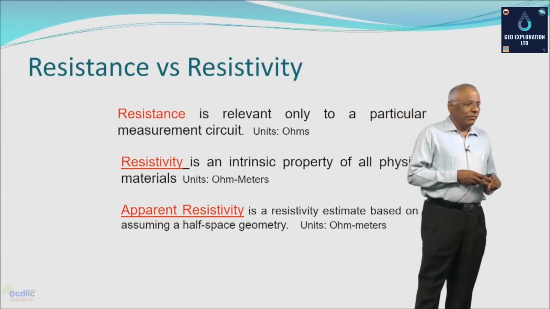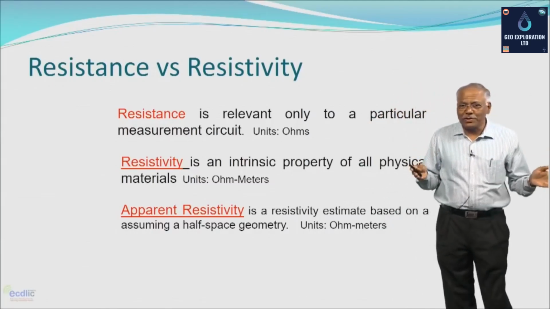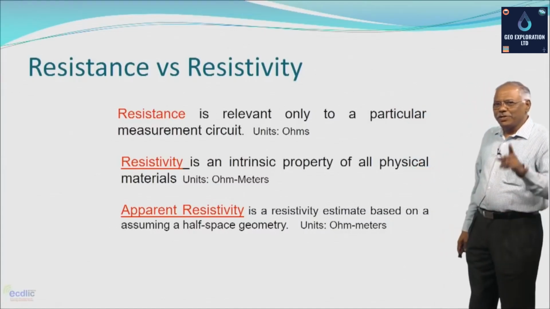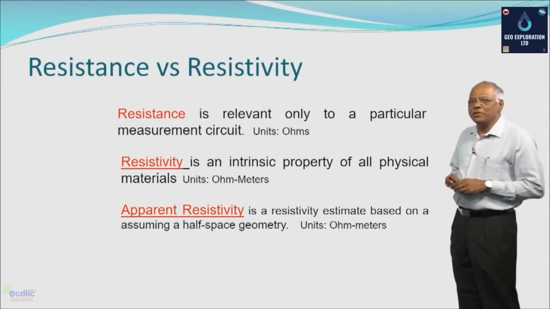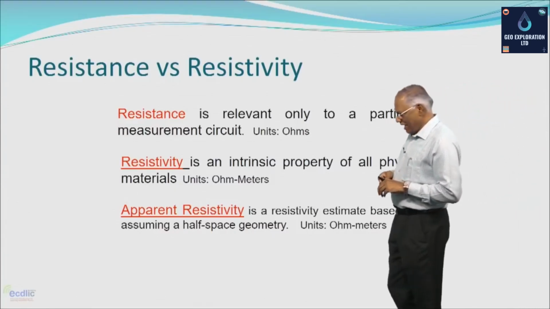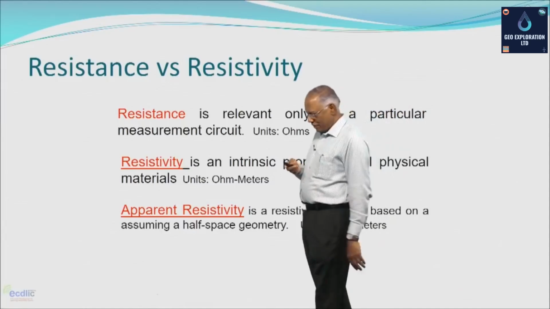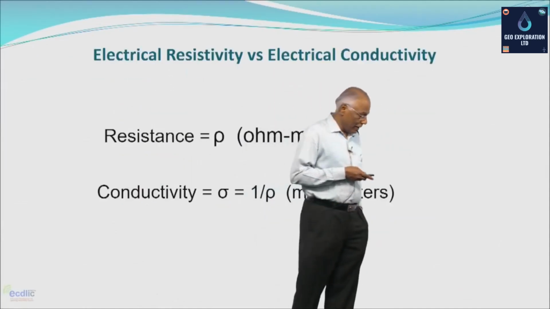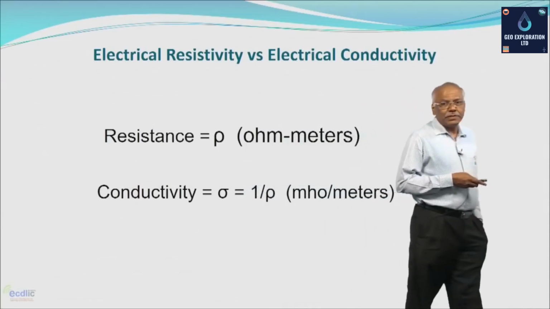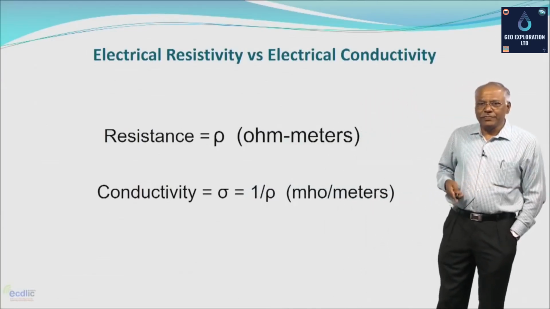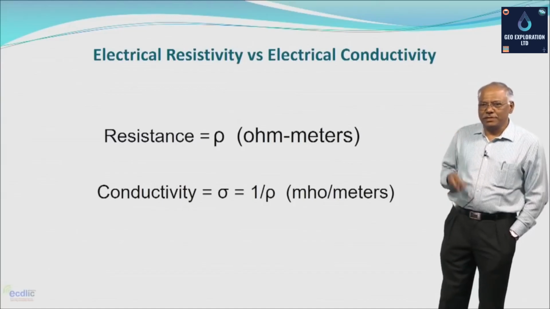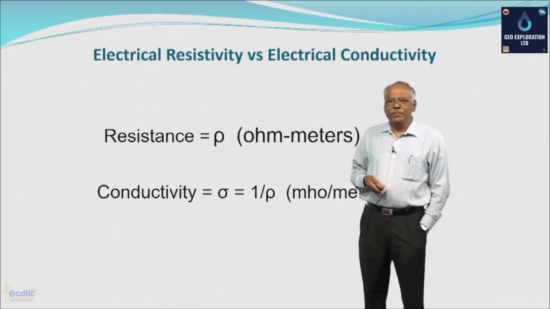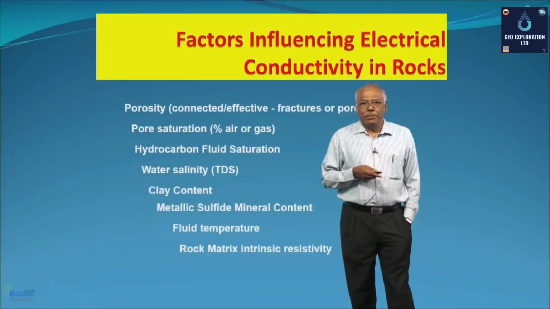In the case of rocks, we often use the term apparent resistivity, which is a resistivity estimate based on assuming half space geometry, and this is what we typically use in measurement of the geophysical properties of the rocks within the subsurface. Resistivity is measured in ohm meters, or in other words, conductivity is measured in mho per meter.